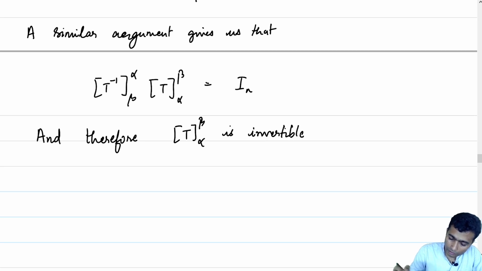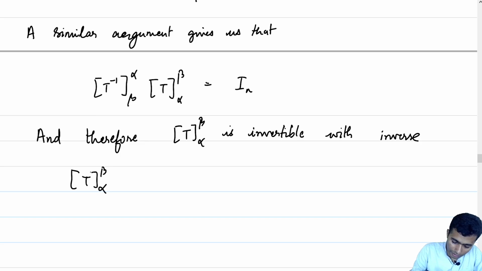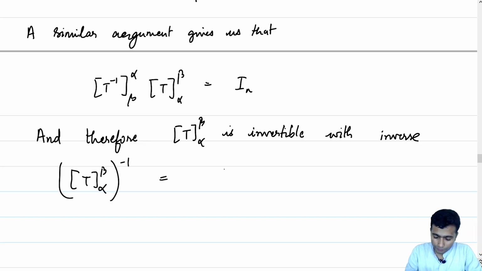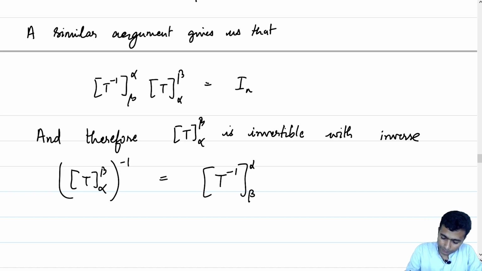What is the inverse? With inverse T alpha beta inverse being equal to the matrix of the inverse from star. This is from star.